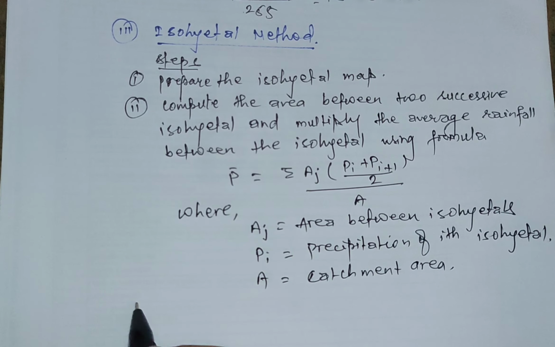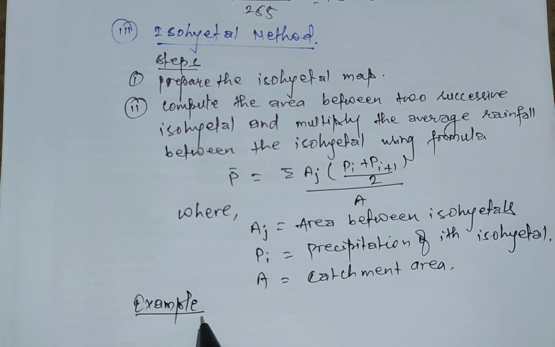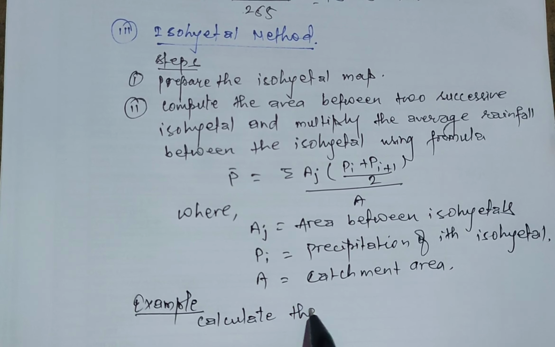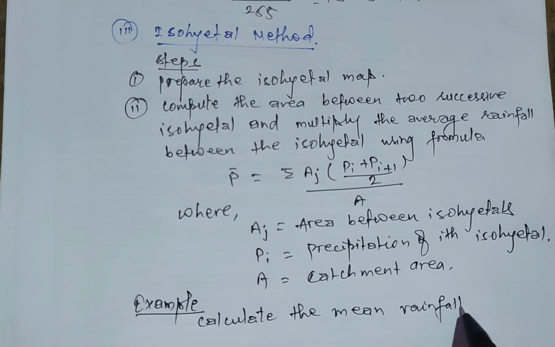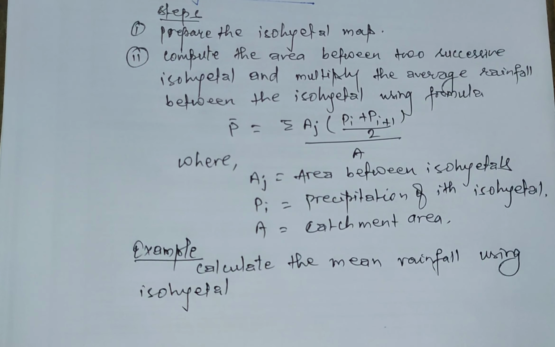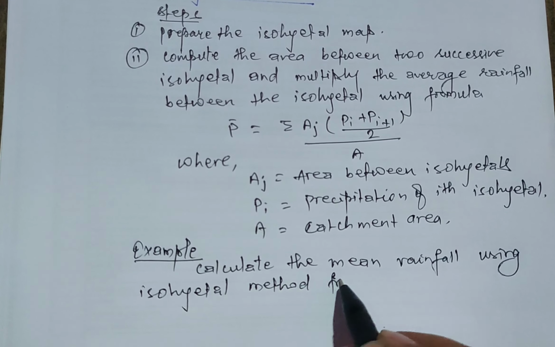For more, let's solve an example using the isohyetal method. The given question is: calculate the mean rainfall using the Isohyetal method from the data.